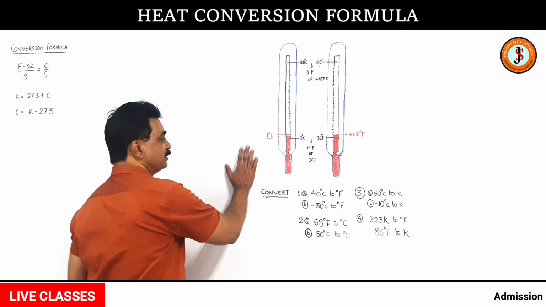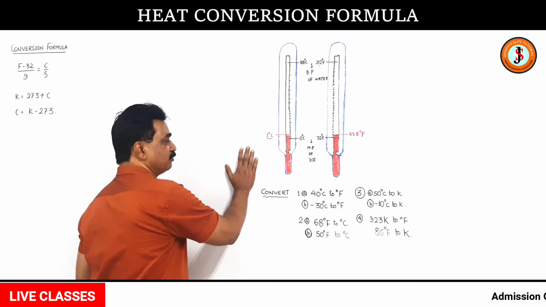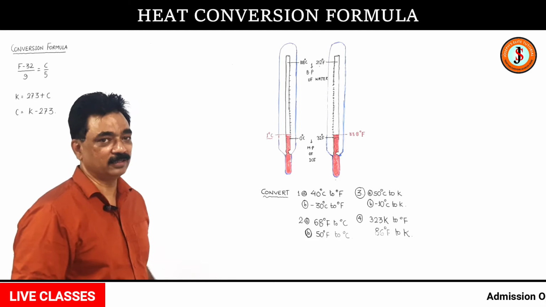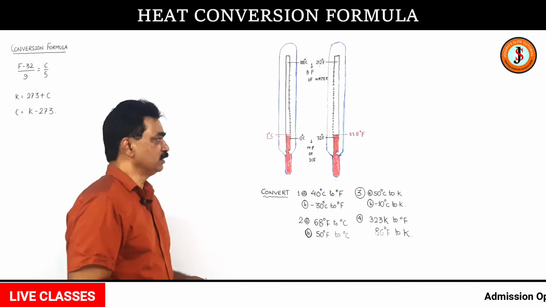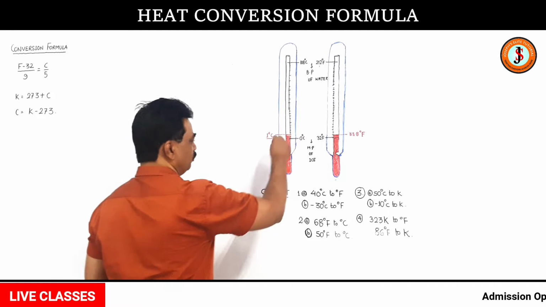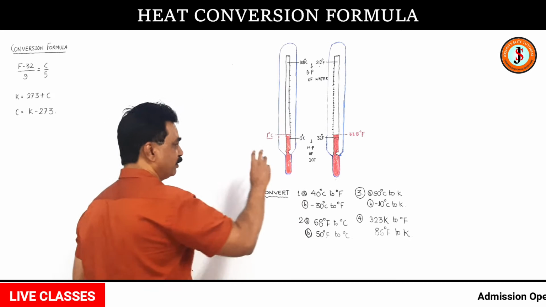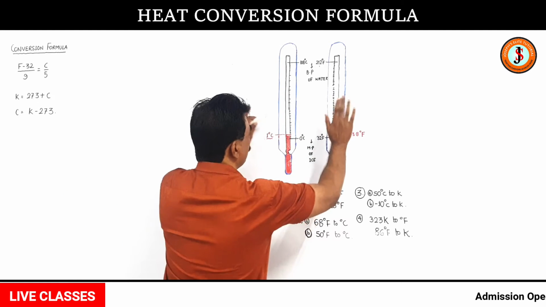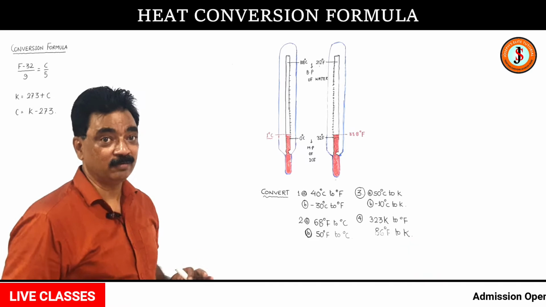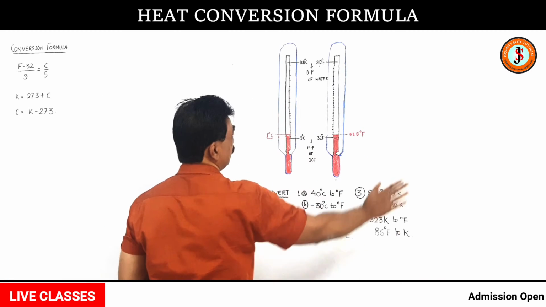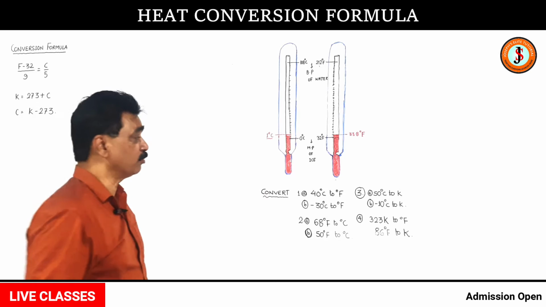Here we have a degree centigrade thermometer, and here we have a Fahrenheit scale thermometer. Now see, when you dip both thermometers in ice, what will happen? Mercury will rise. If I wipe out everything, no graduation, no labeling, nothing written, then what happens?